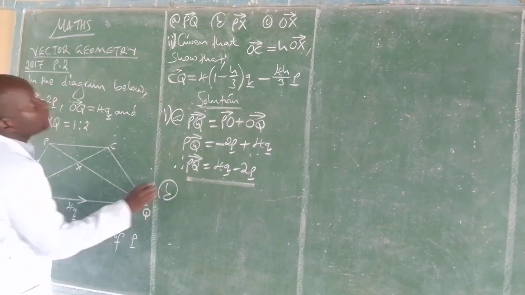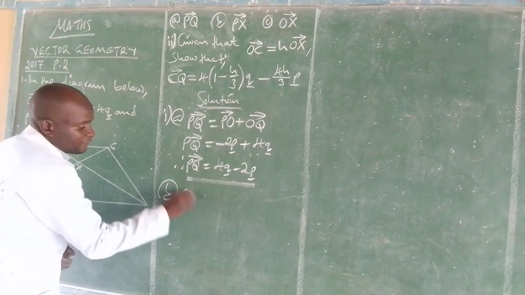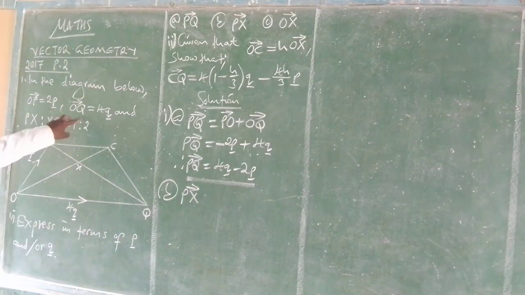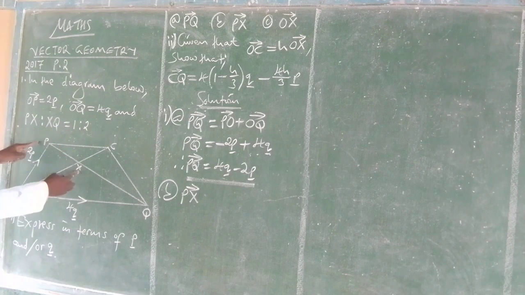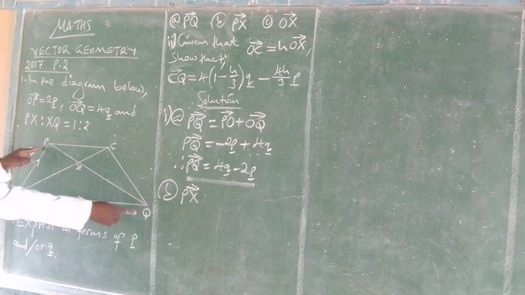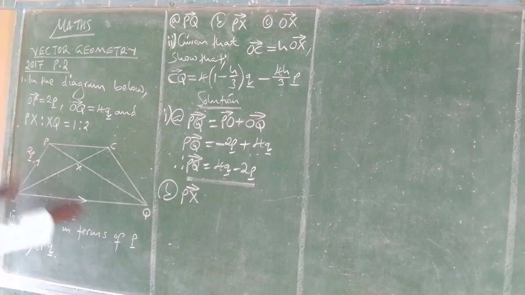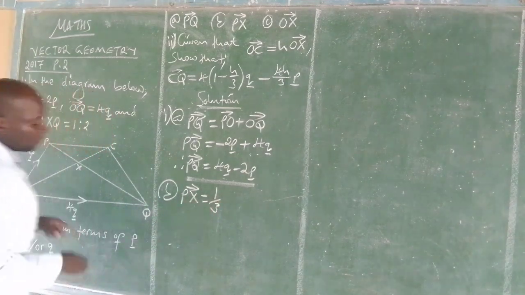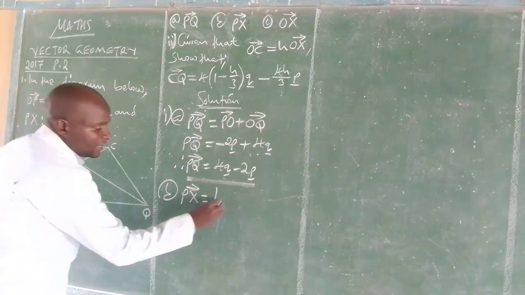Going to question B, which says find vector PX. To find vector PX, we are simply going to use the ratio given in the question. They are saying PX to XQ is equal to 1 to 2, meaning the total number of units here is 3. So PX alone is 1. This is equal to 1 over the total units 3 multiplied by the total vector, which is PQ.